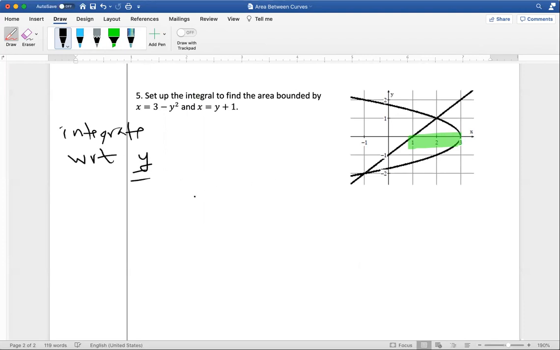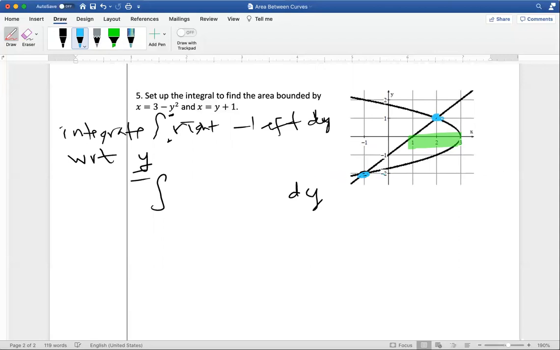So my variable this time is going to be a y. And so when I do things with respect to y, I'm going to do right minus left. And these bounds are going to be y values. So I need this y value down here, and I need this y value up here.